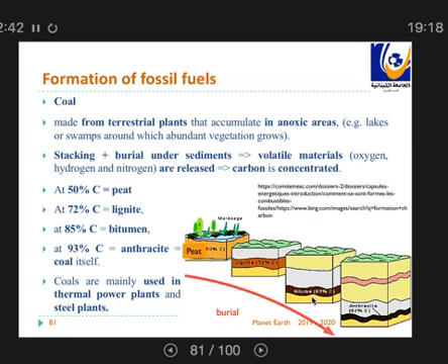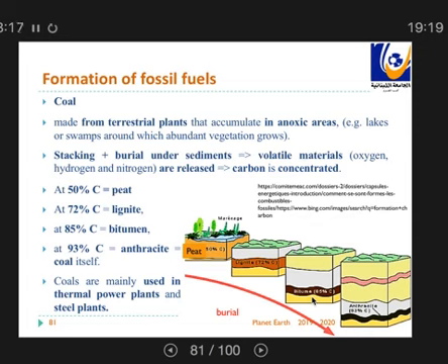They are not renewable energies, because by the time we have used these fuels, there will be no time for a new fossil fuel to form. They were formed millions of years ago, and the process is very, very slow. So we are using up this fossil fuel, and soon we will be out of fossil fuel.